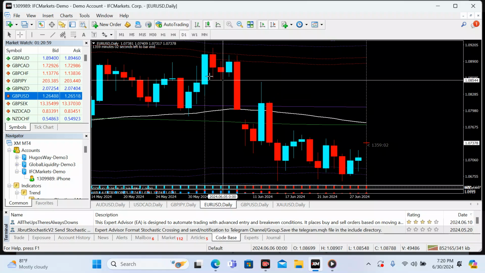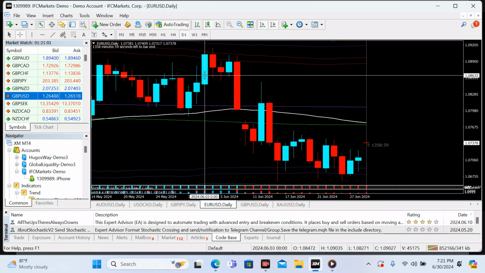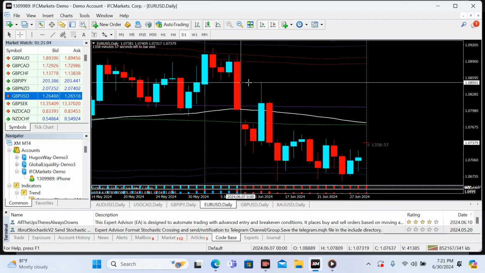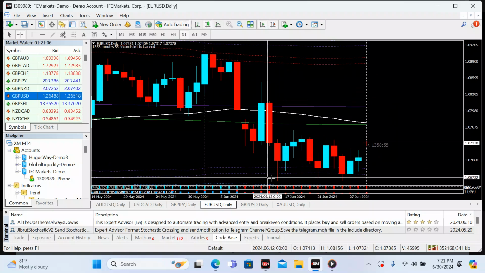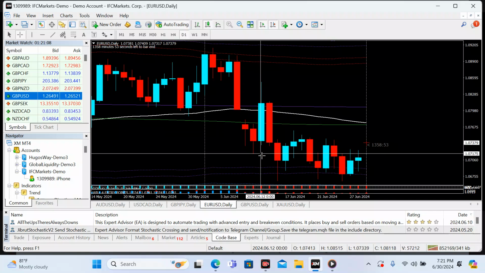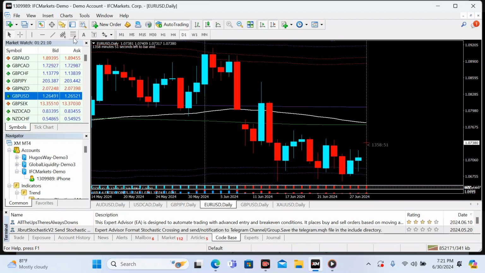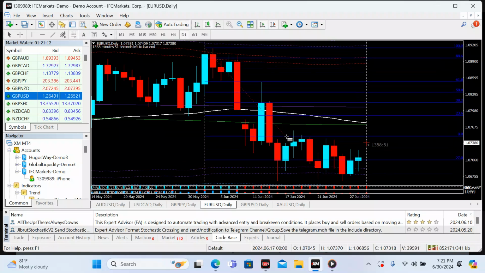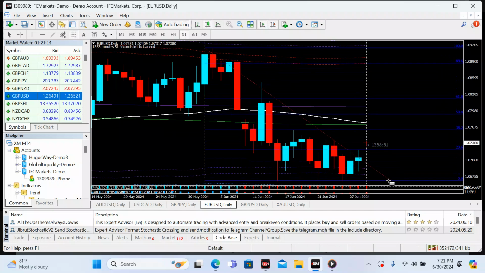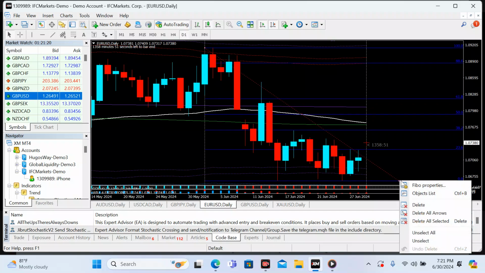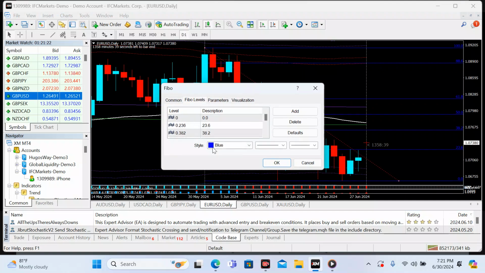Okay, as we can see, in June from this candle right here all the way to this candle right here, we can all agree that this is a high to a low. So that would be a bearish Fibonacci because it is a high to a low. So let's turn this red right here.